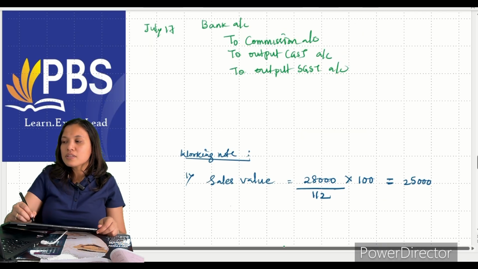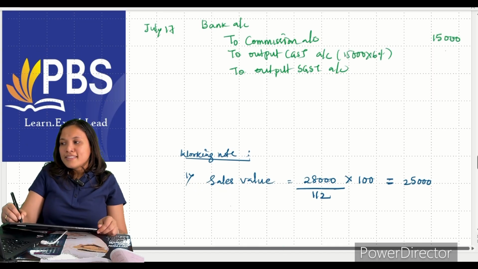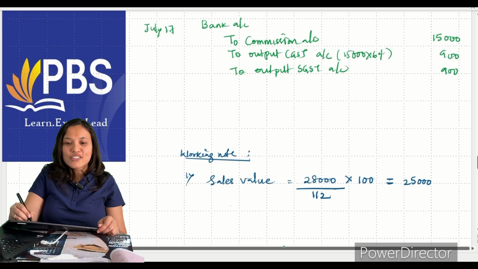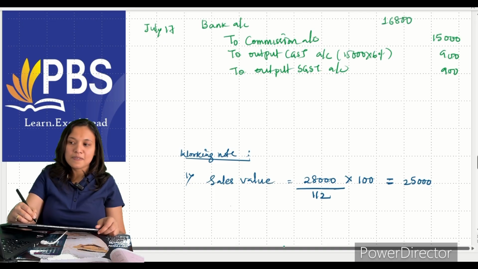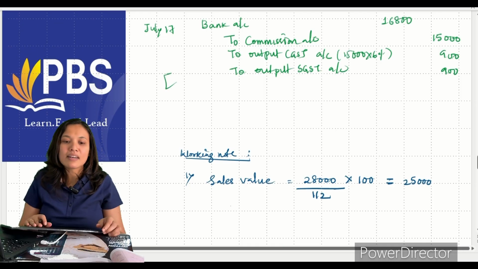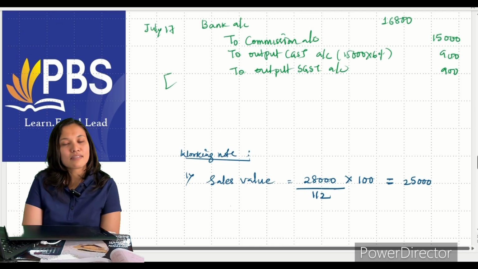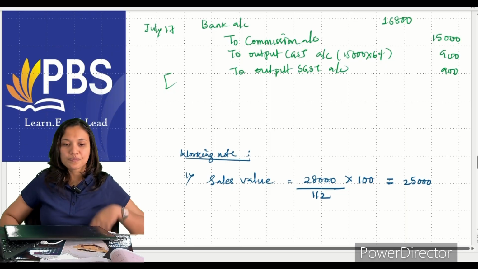So 15,000, please write the amounts. It's 15,000 into 6%. So the total goes to 16,800 rupees. Okay, please write down being commission received and GST charged at 6% each.